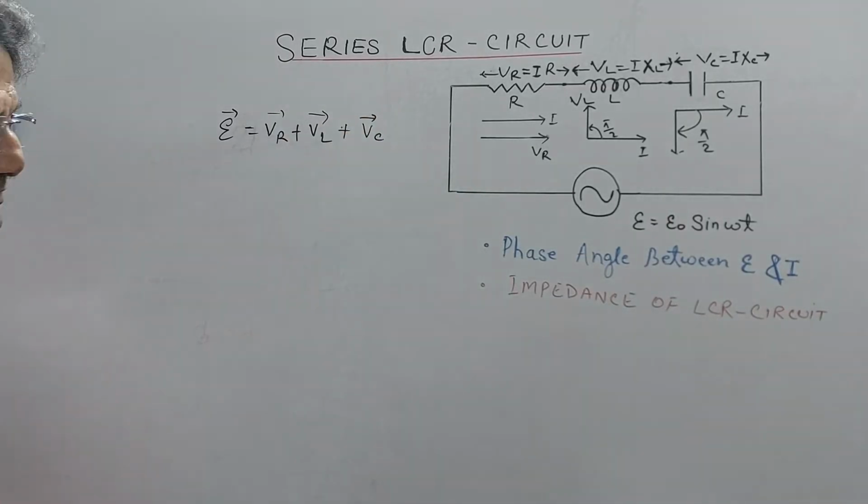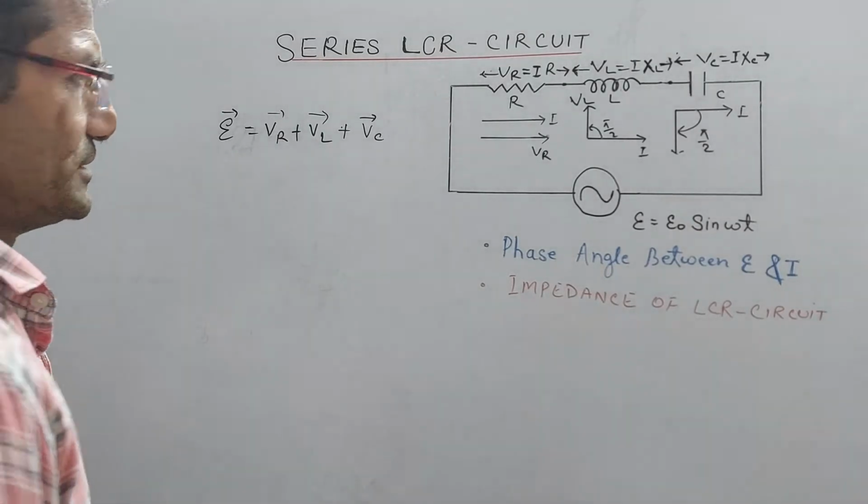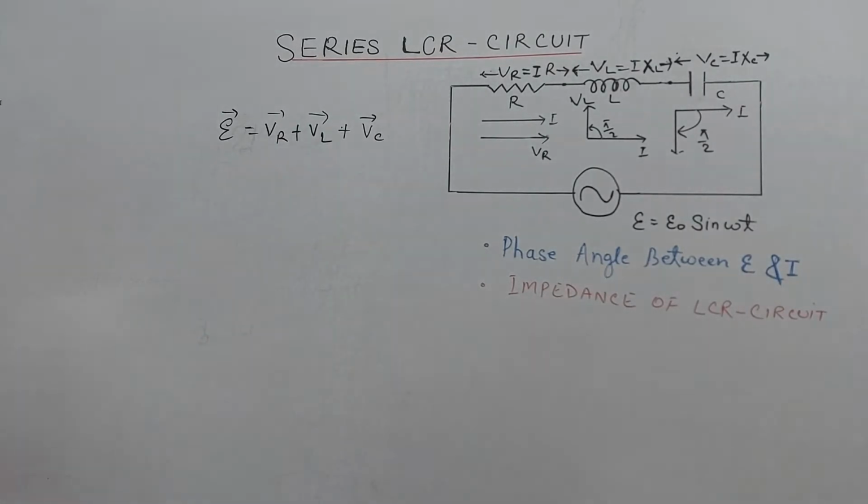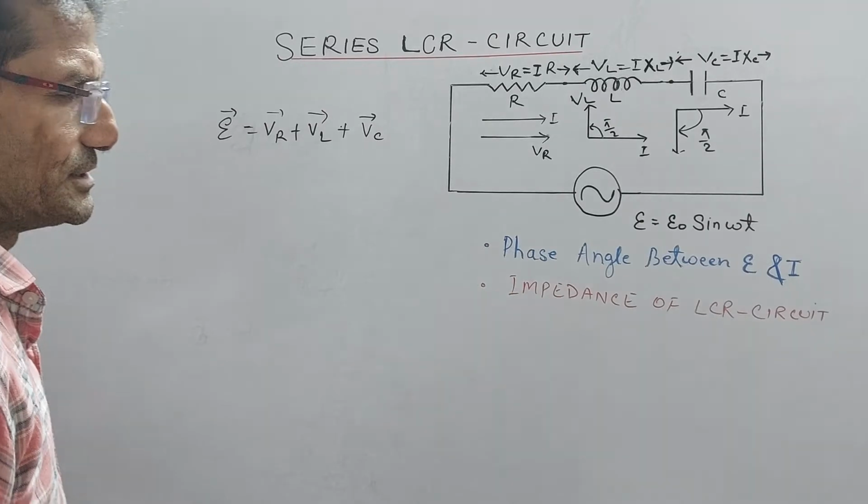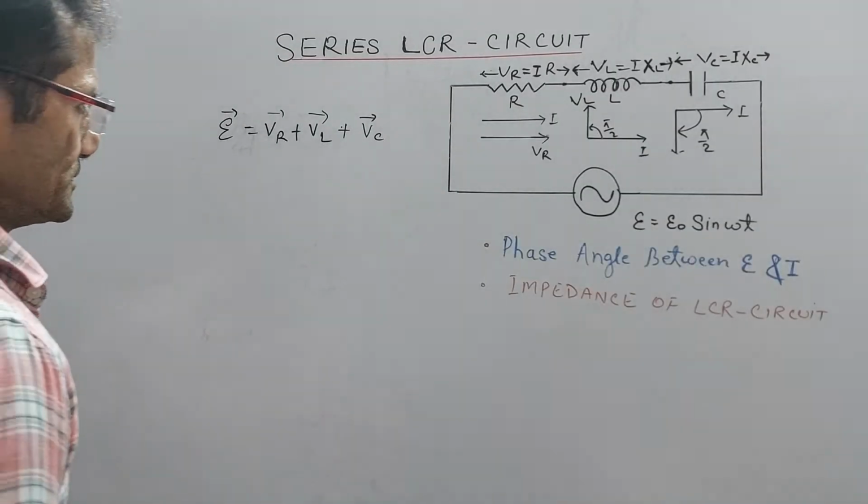So these are the vectors. We are calculating the resultant by using the law of parallelogram.